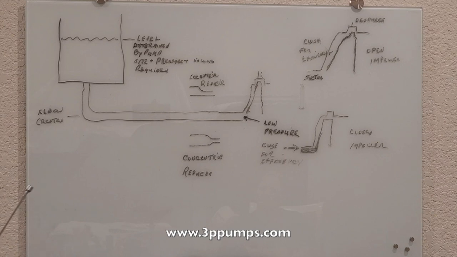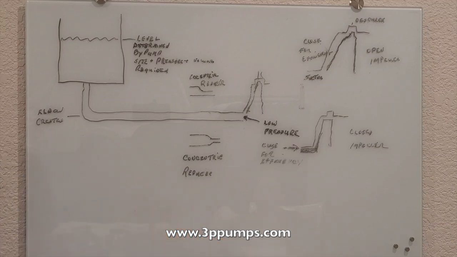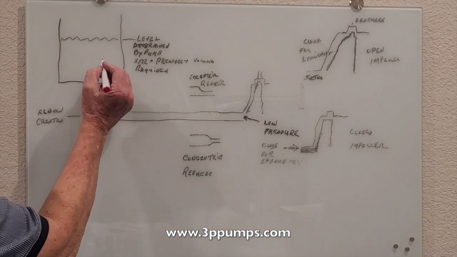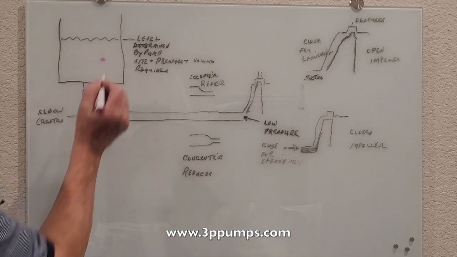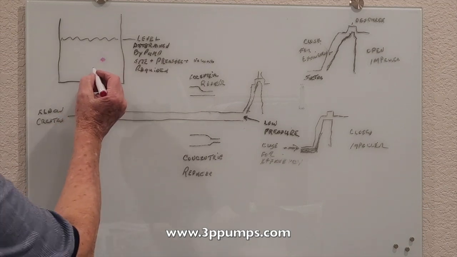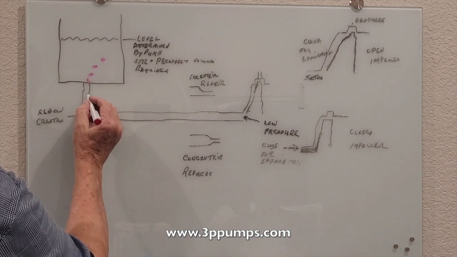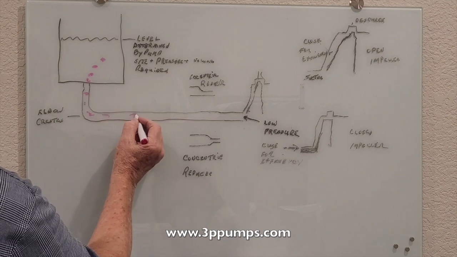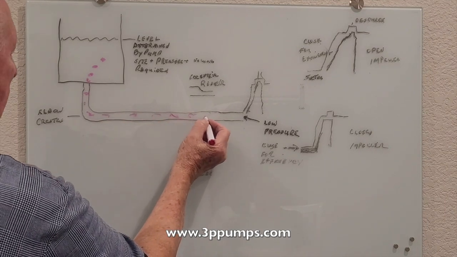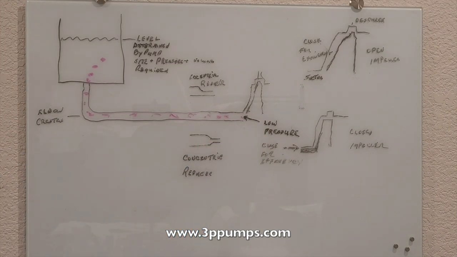I'm going to go through a little sketch here showing you what I'm talking about, because we're going to start off right here with a molecule of water, and we're going to call that Wally Water, okay? Now this molecule of water is going to go through here and all the way down this pipe, all the way to right here, okay?